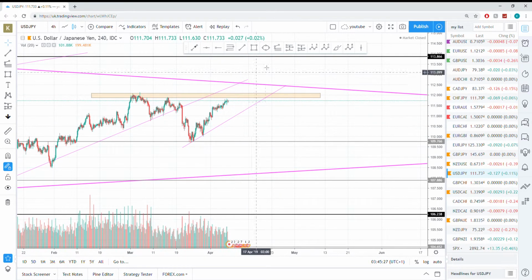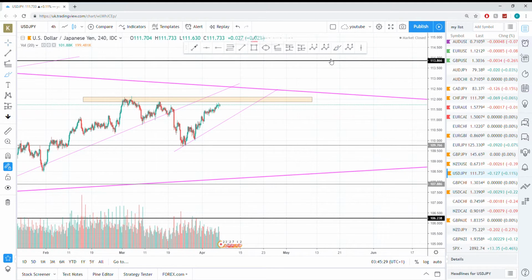So what actually might happen in a scenario is price would come up to here, and it may do like a double top or something, and it will signify a drop. And what happens, it might drop to this trend line here, and then it will possibly shoot all the way back up, something like that. So that would be a scenario.